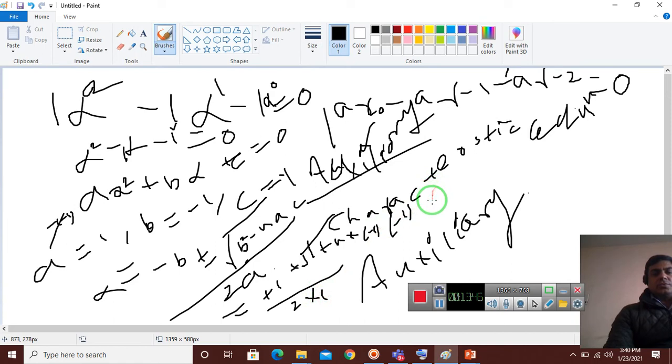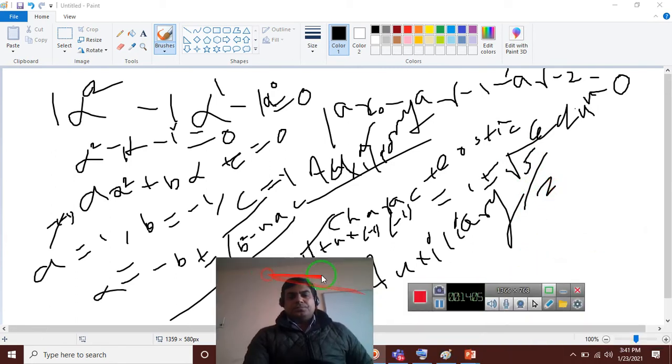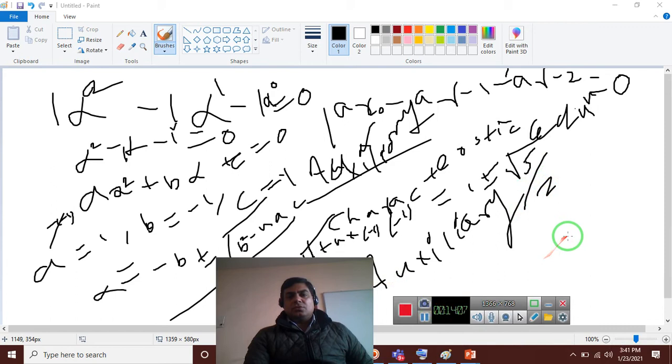So the solution of this is 1 plus minus under root b square minus 4ac, that is 5, divided by 2. So the two roots have come.